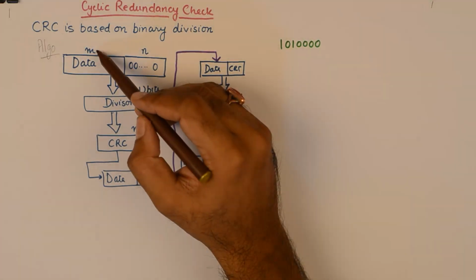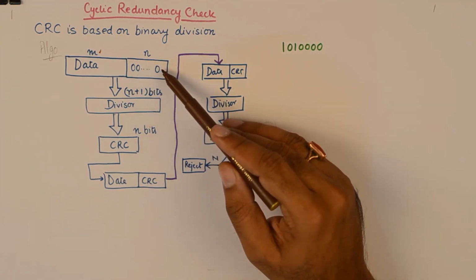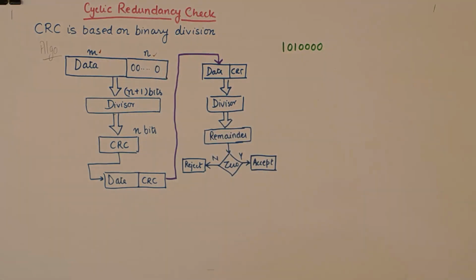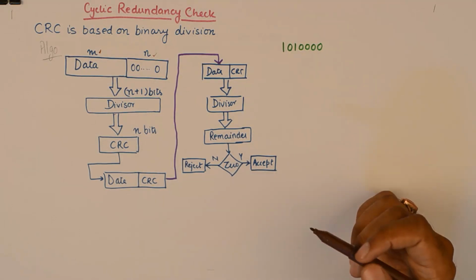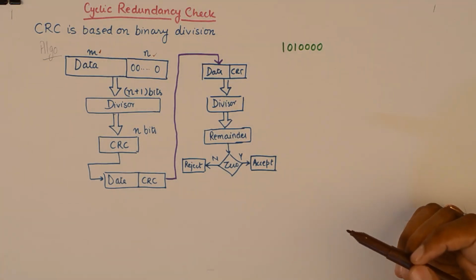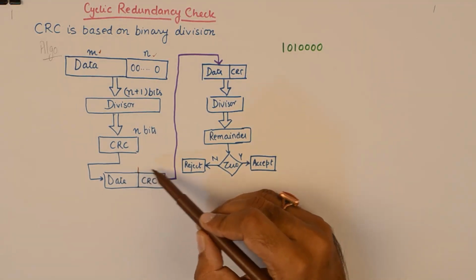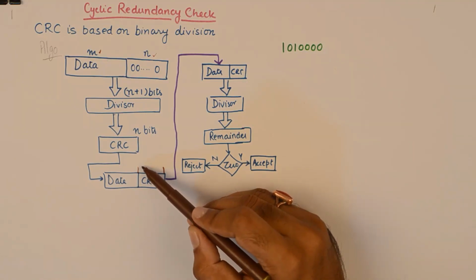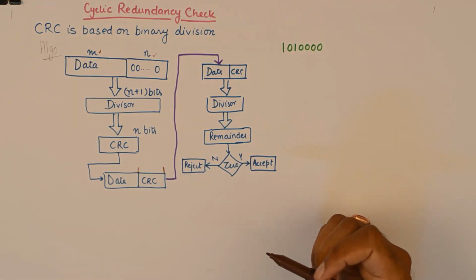We take up an m-bit data and we append it with a certain number of zeros, and a divisor is taken up of n plus 1 bits, and division is carried out, the remainder is obtained, and n bits of remainder is then attached to the data as the additional information required to check whether there is an error in the signal or not.